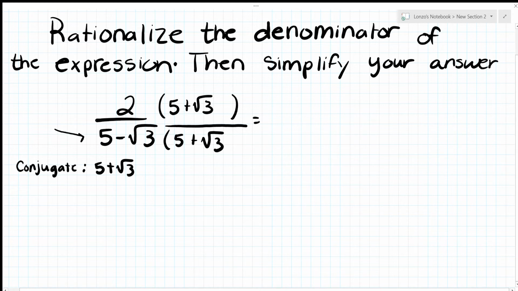So let's simplify the numerator. We have to FOIL this out, multiplying that 2 by it. So 2 times 5 is 10, plus 2 times square root of 3 is 2 square root of 3. Now the bottom is a little bit easier, but I don't want to FOIL it out.